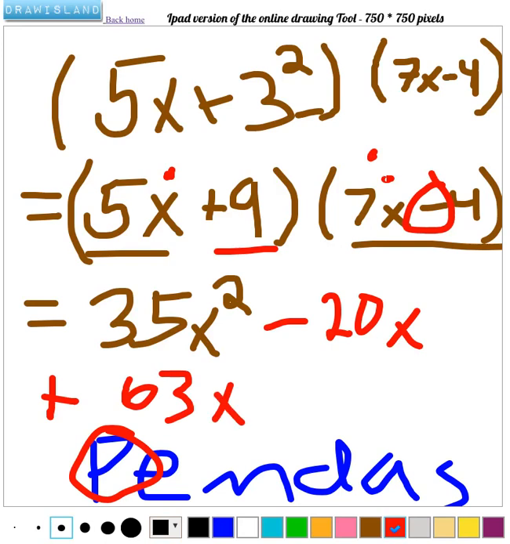And there's a minus here. So, once again, minus 9 times 4 is 36.